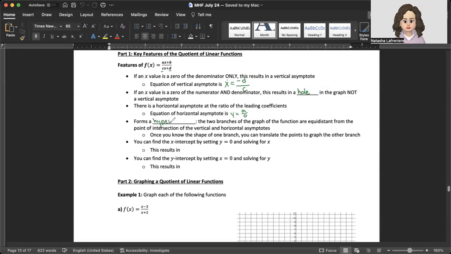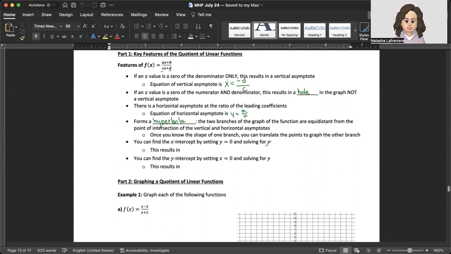Forms of a hyperbola. The two branches of the graph of the function are equidistant from the point of intersection of the vertical and horizontal asymptotes. So once you know the shape of one branch, you can translate the point to the graph the other branch.